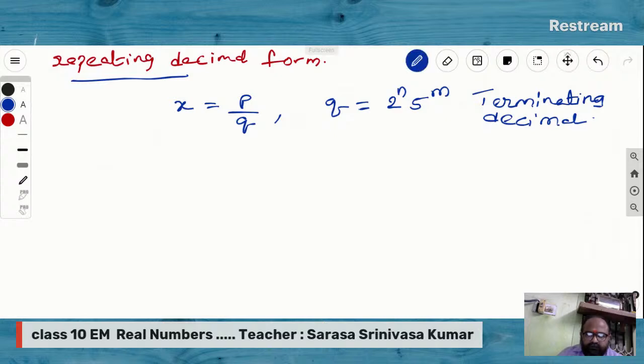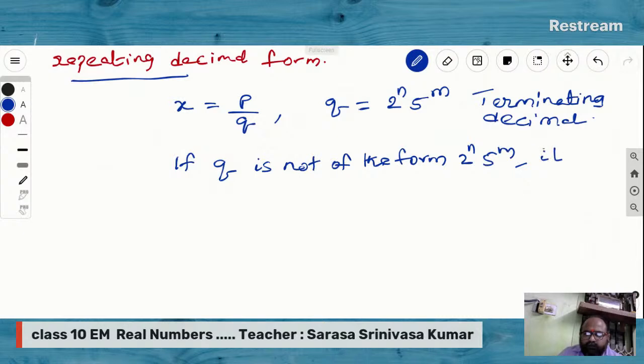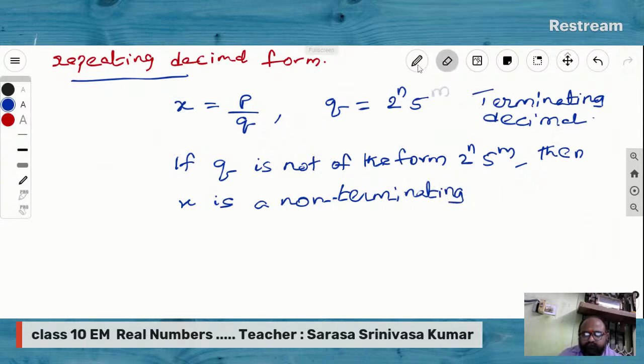If q is not of the form 2 power n 5 power m, then x is a non-terminating repeating decimal form.